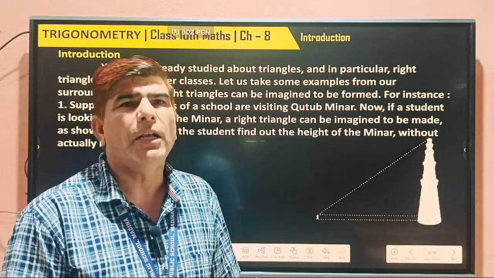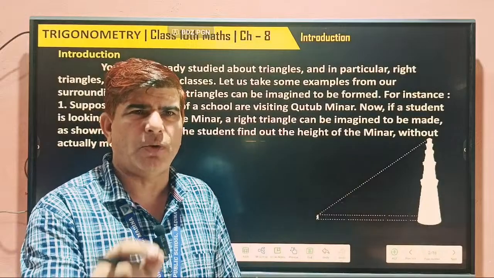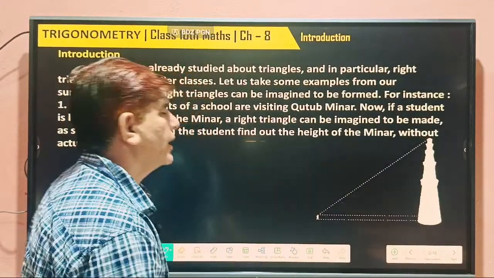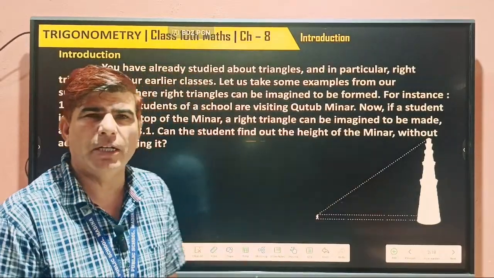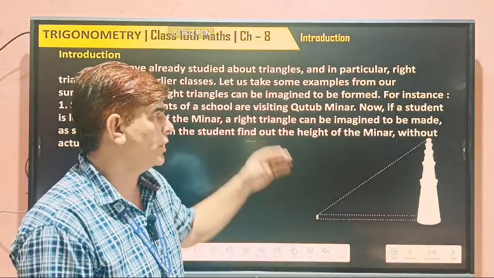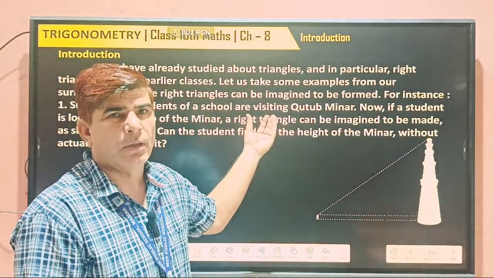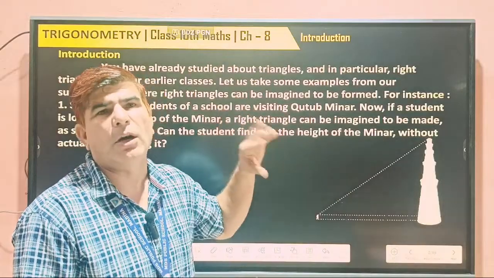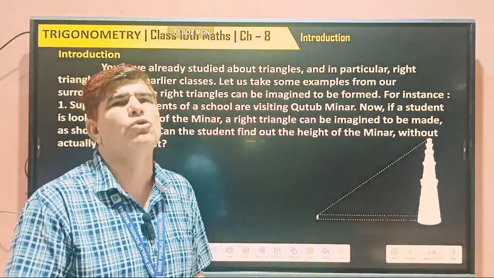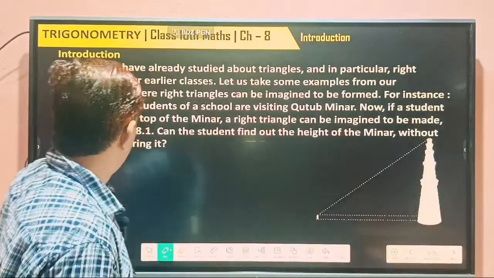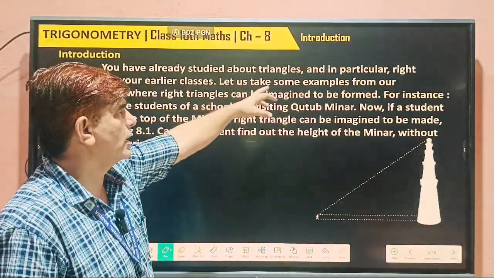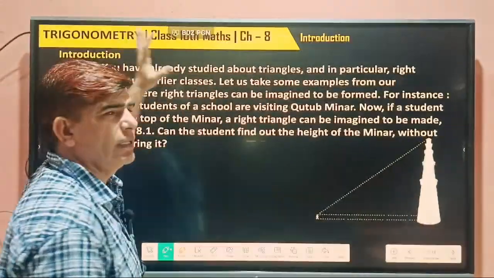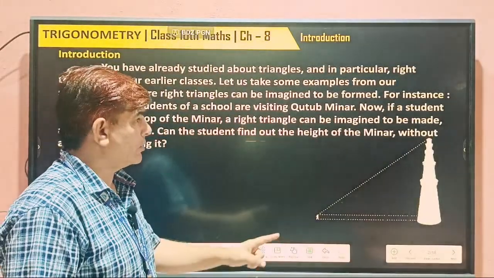But here in trigonometry, what type of triangle do we need? Right angle triangle. So given this situation, we will think about why we need trigonometry and where it is used. You have already studied triangles and particularly right triangles. This I also told you.